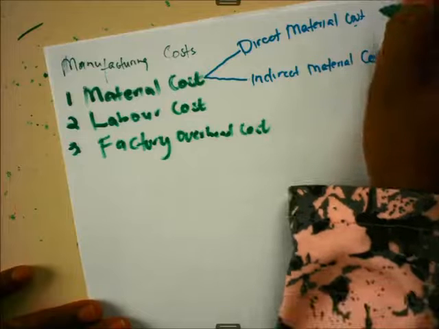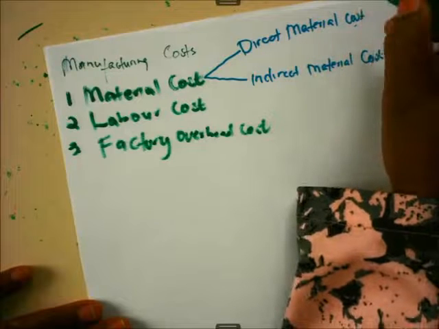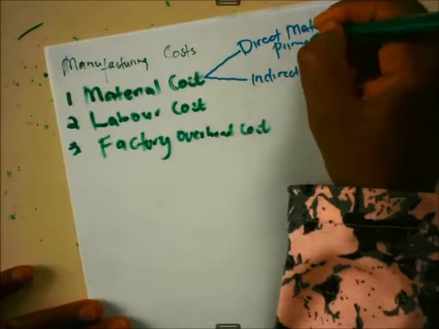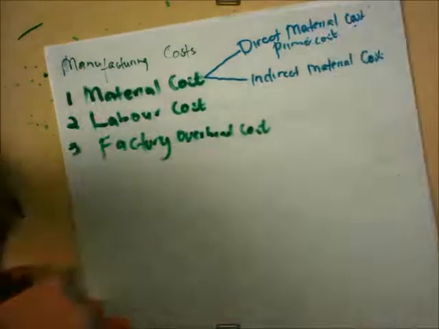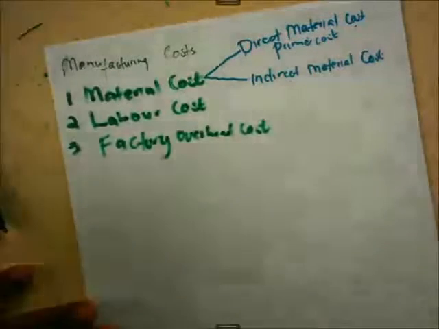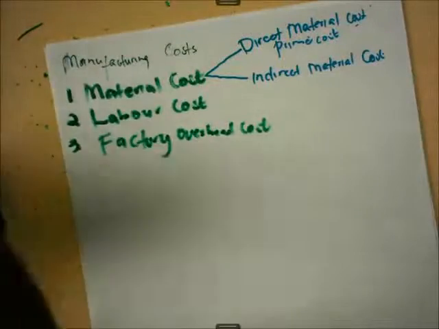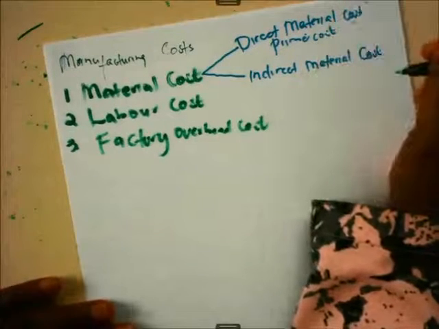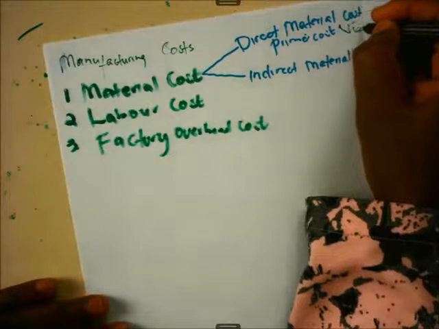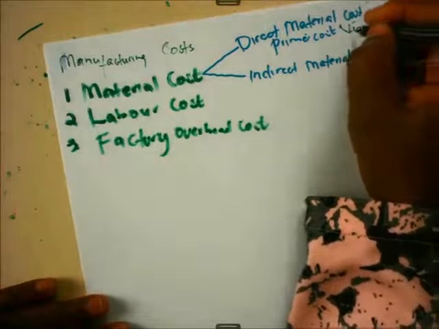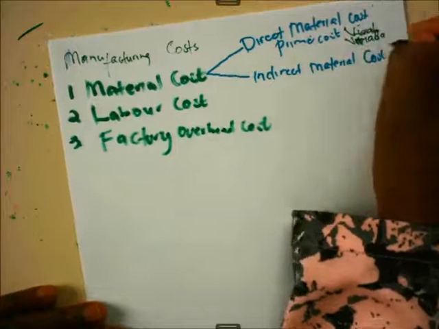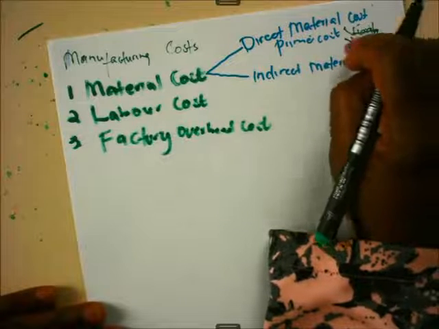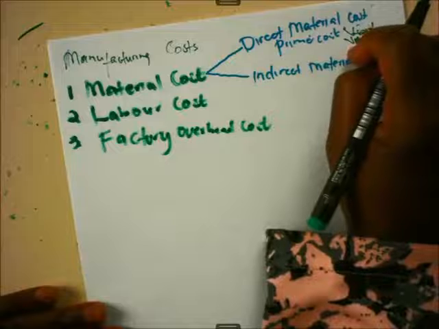Because they are directly involved in production, they are prime cost and they are variable. Variable cost depends on the number of products produced. The more the production, the higher the cost will be.